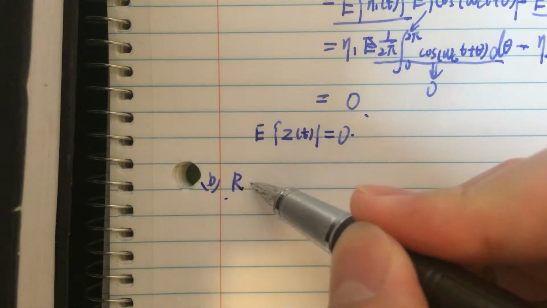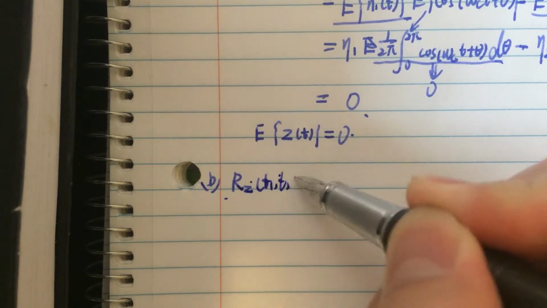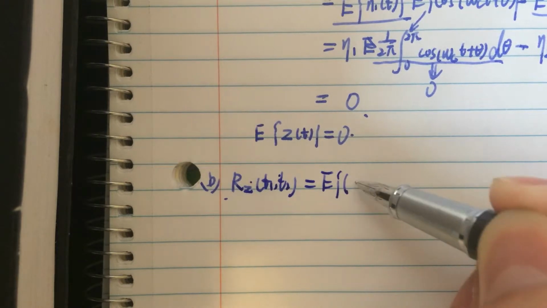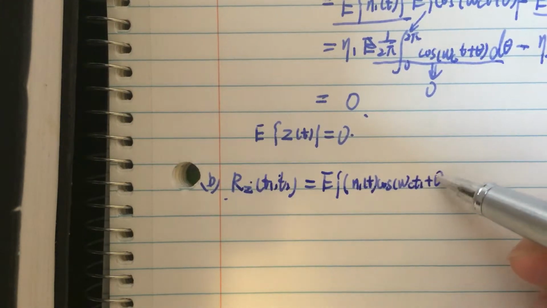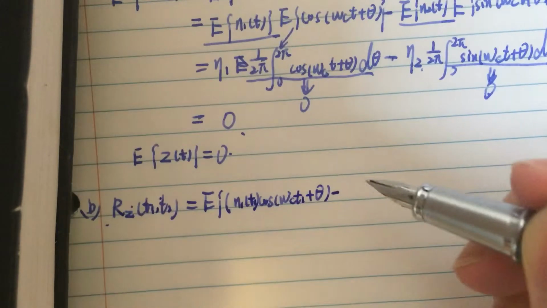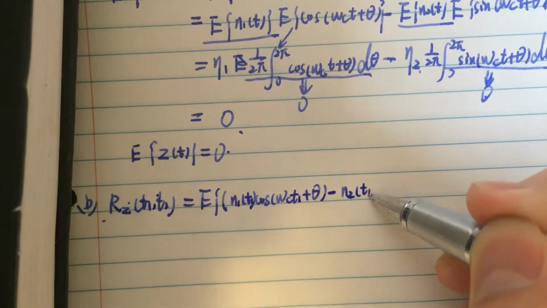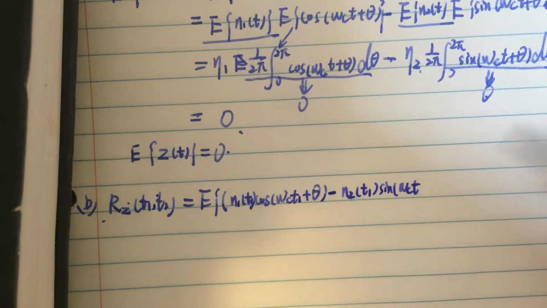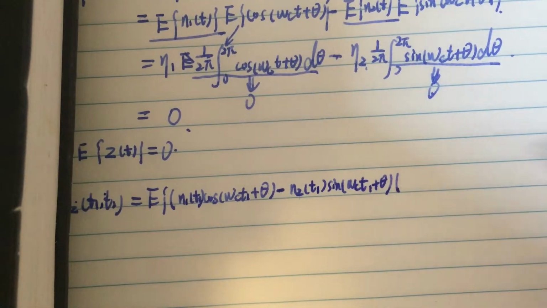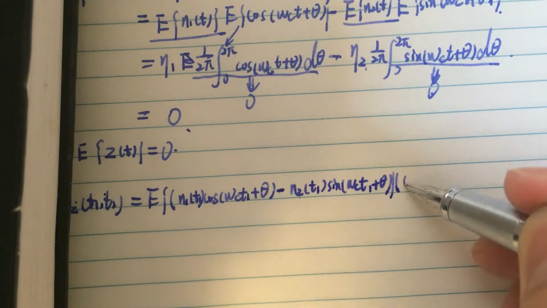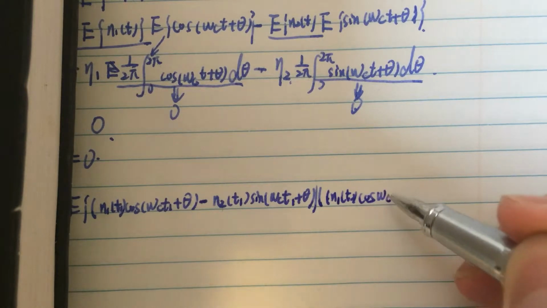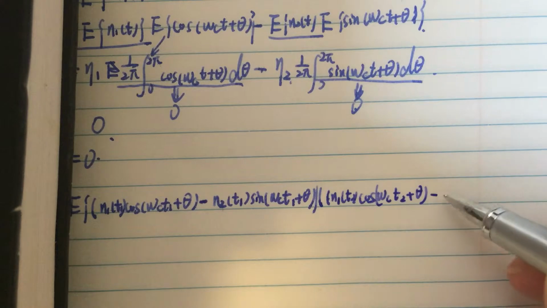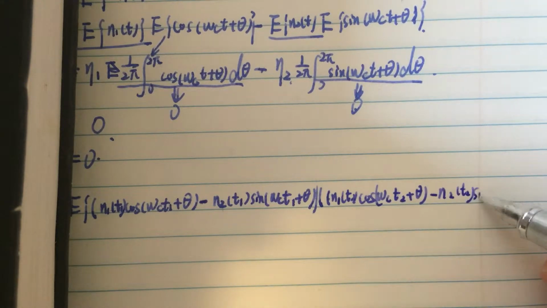So the autocorrelation of t1, t2 is equal to E of n1(t1) cosine omega c t1 plus theta minus n2(t1) sine omega c t1 plus theta, times n1(t2) cosine omega c t2 plus theta minus n2(t2) sine omega c t2 plus theta.